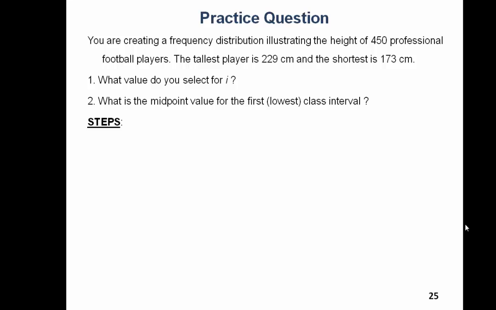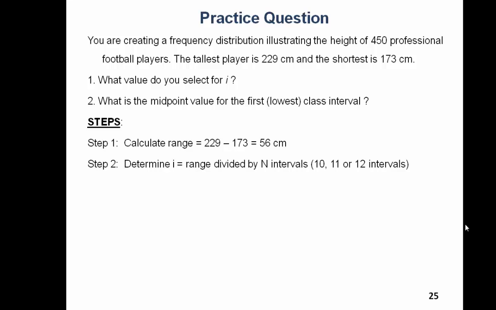The first step here is to calculate the range. The range is computed from the single highest score minus the single lowest score. So we have a range of 56 centimeters. Now, we determine i by dividing by n intervals, so 10, 11, or 12 intervals.